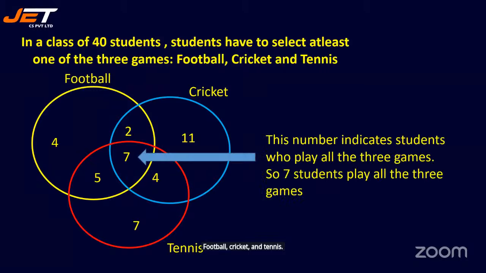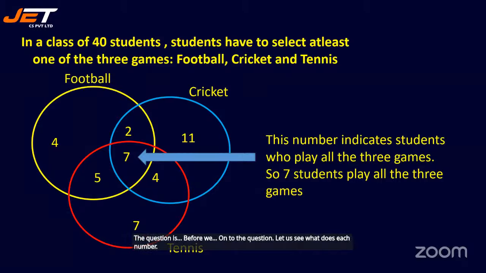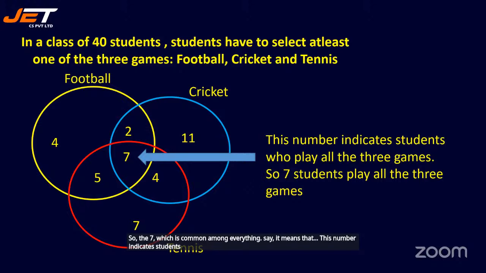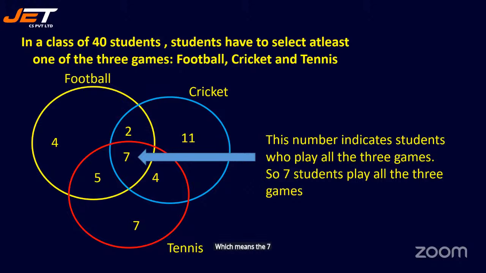Before we go on to the question, let us see what each number says. The 7, which is common among everything, indicates students who play all three games, which means the 7 students play football, cricket, and tennis. Right? So 7 students play all the games.